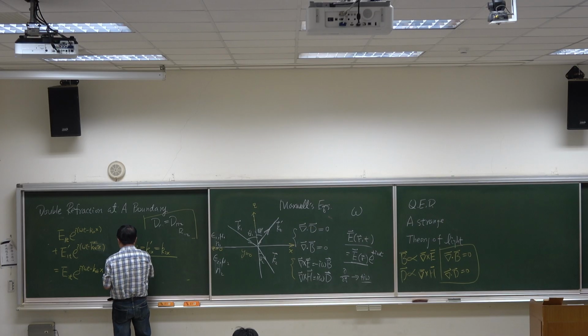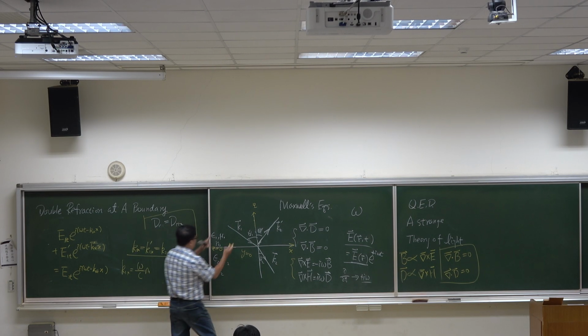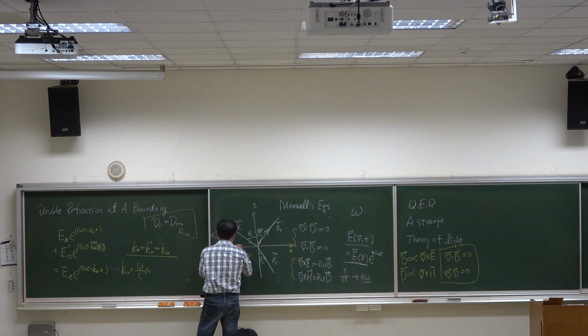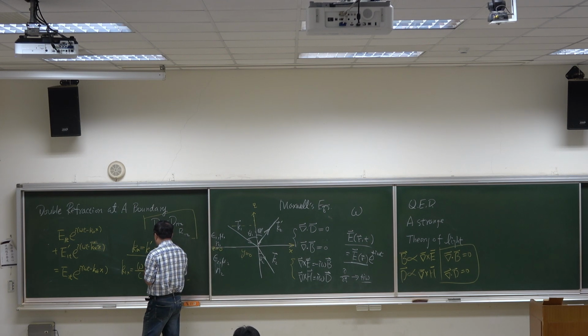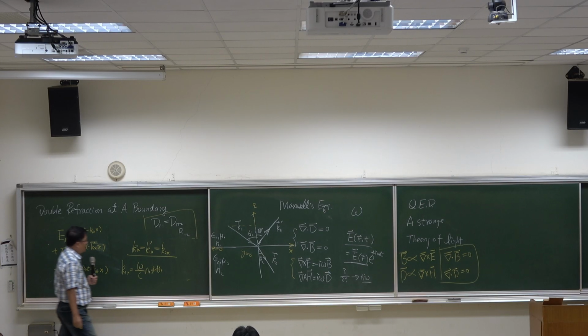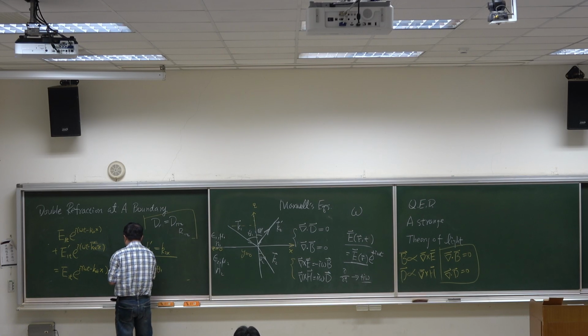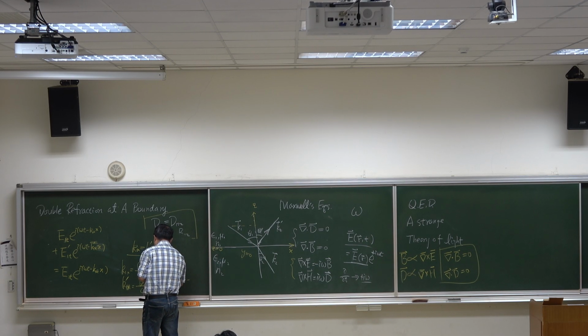We know that k1x is omega over c times n1, the magnitude, times sine theta 1. And k1x prime is also equal to this quantity.